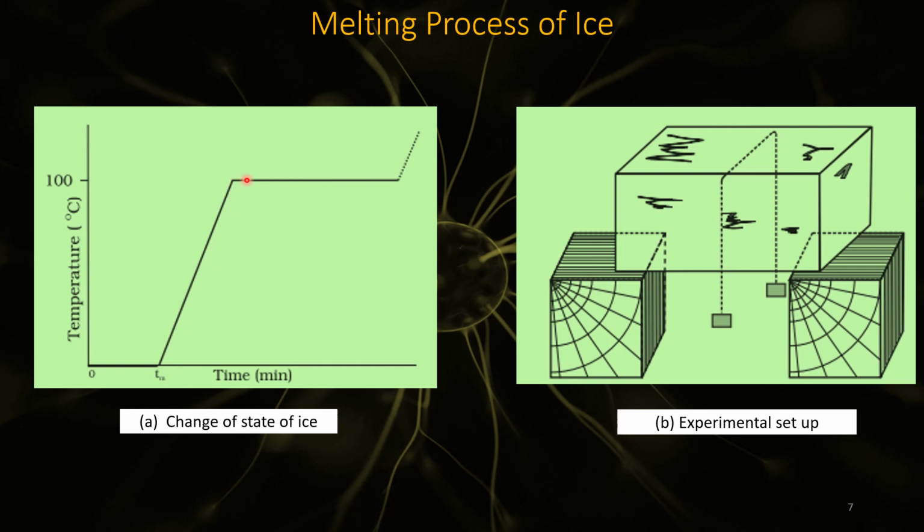So it remains at 100 degrees centigrade till the entire liquid is converted into vapor. That is, both the liquid and vapor states of the substance coexist in thermal equilibrium. So this is the state of thermal equilibrium during the change of state from liquid to vapor. The temperature at which the liquid and the vapor states of the substance coexist is called the boiling point.